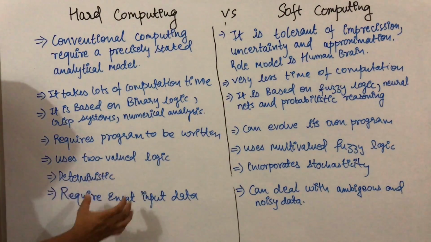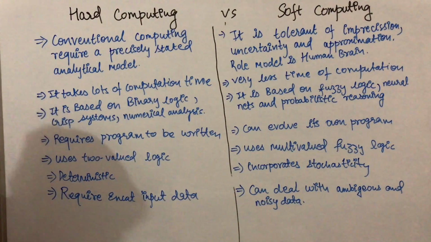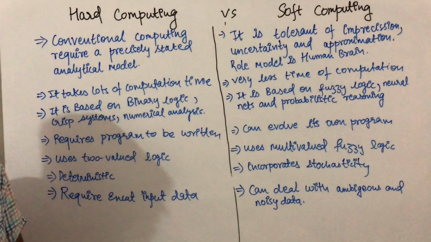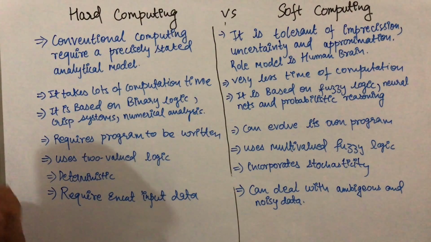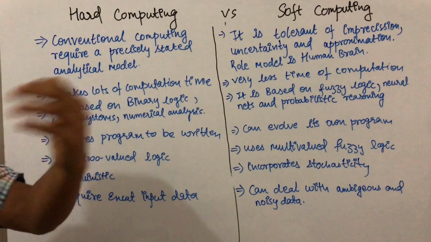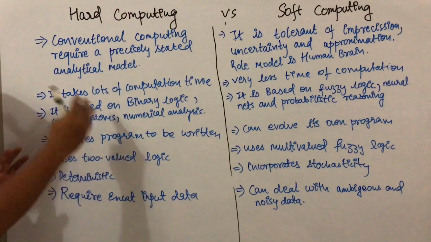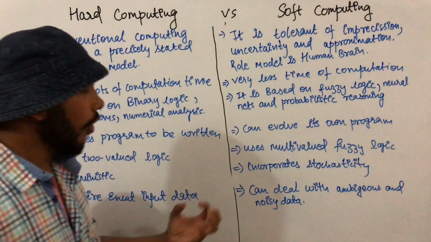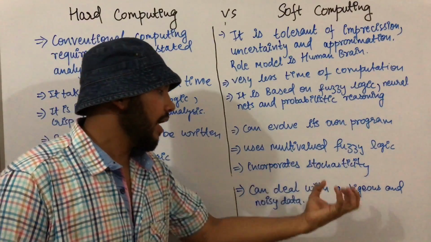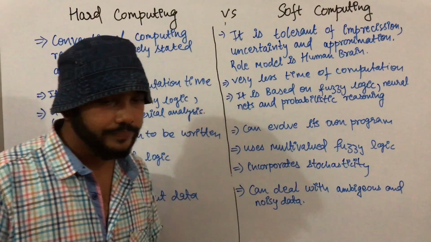Hard computing requires exact input. Whenever you have exact inputs, like giving a program 2 plus 4, the answer will be 6. So in hard computing we require exact inputs. But in soft computing we can deal with ambiguous and noisy data.